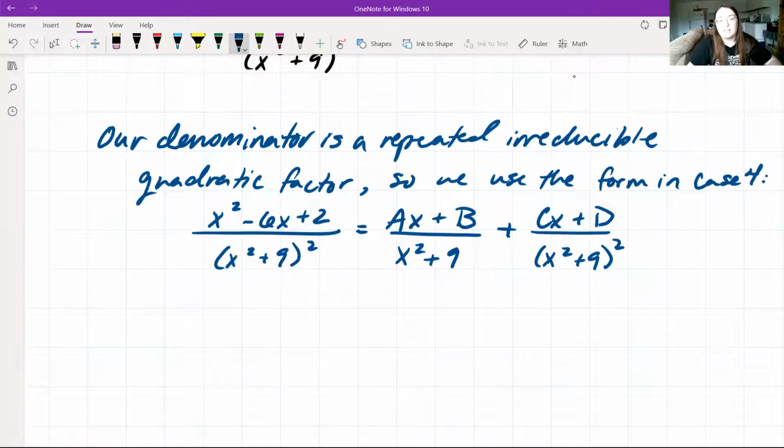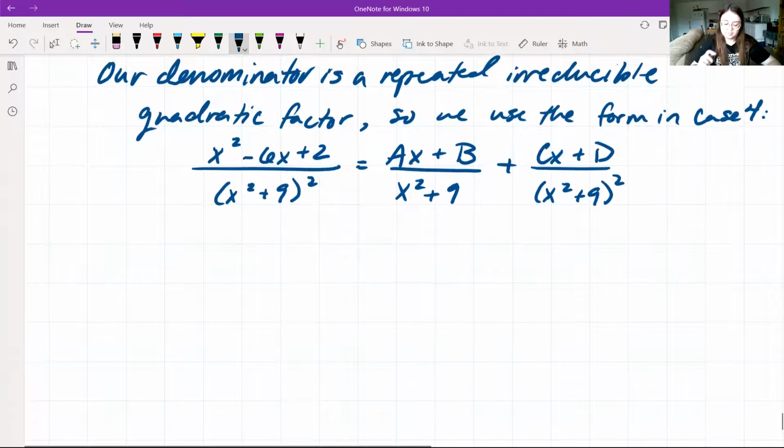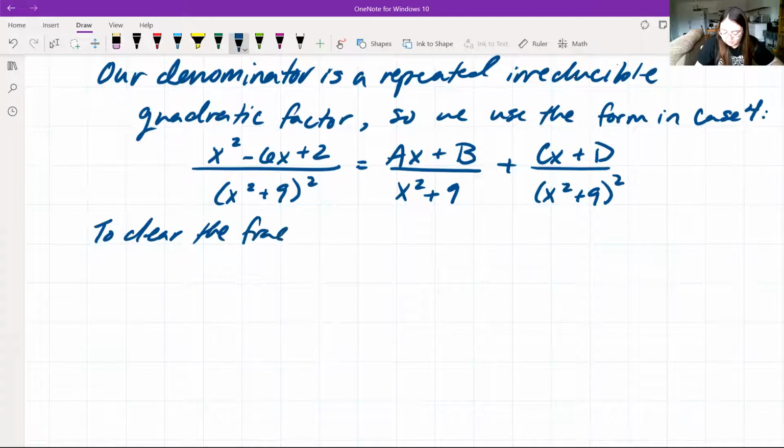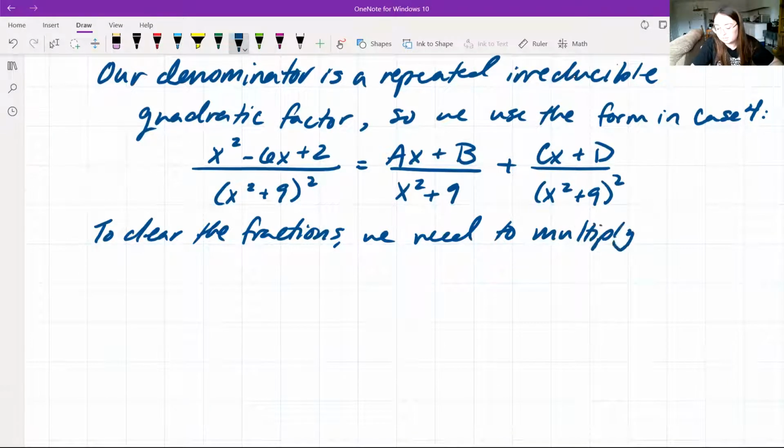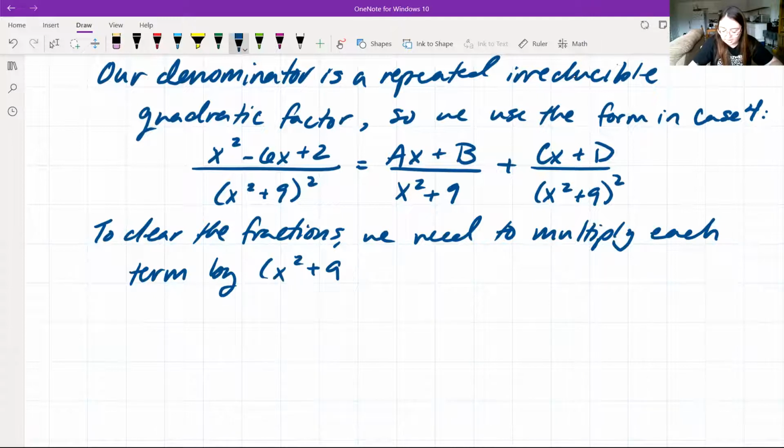So now we can go ahead and start our partial fraction decomposition. One of the first things that we want to do is clear out the denominators, which also means to clear the fractions. To clear the fractions, we need to multiply each term by x squared plus 9 squared.